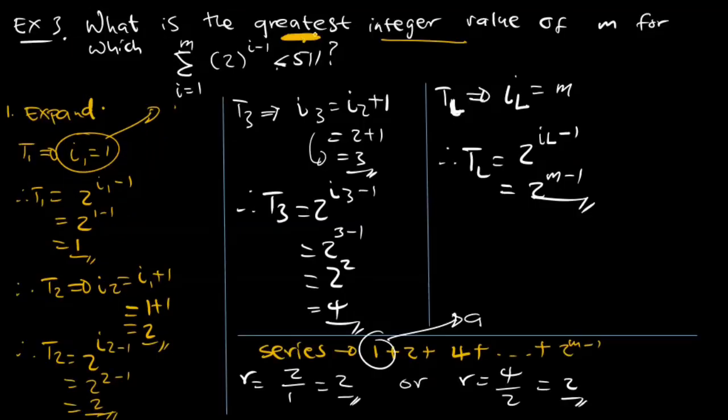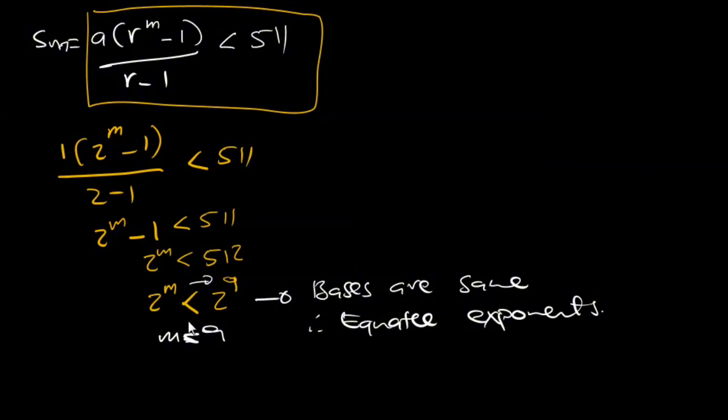The greatest integer, right? If M is less than 9, what comes before 9? Obviously, that will be 8, right? Therefore, the greatest integer will be 8, right?